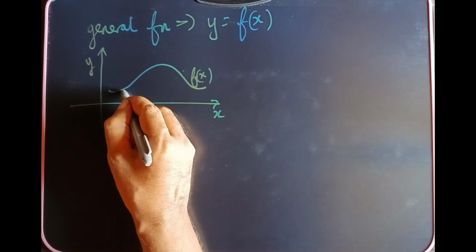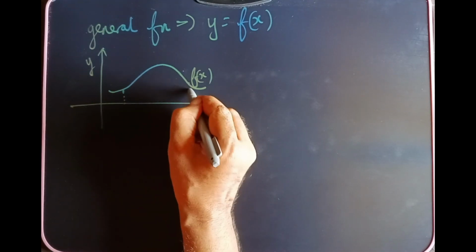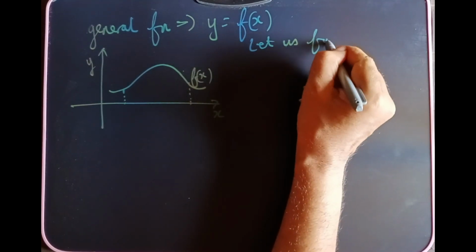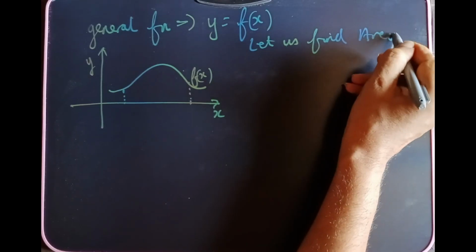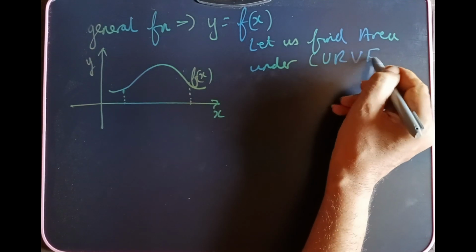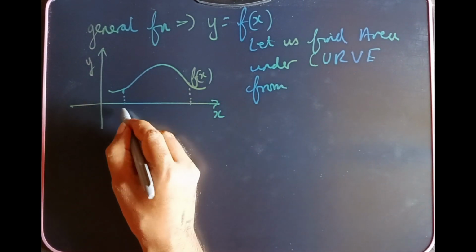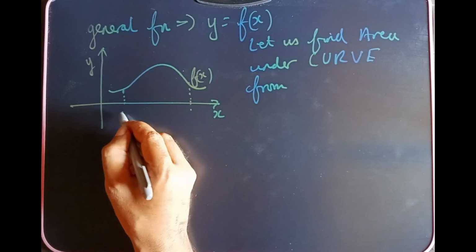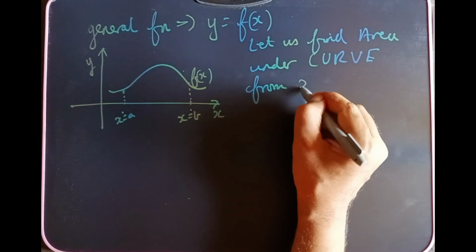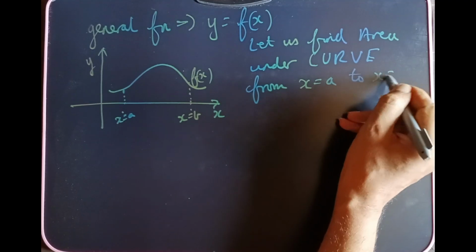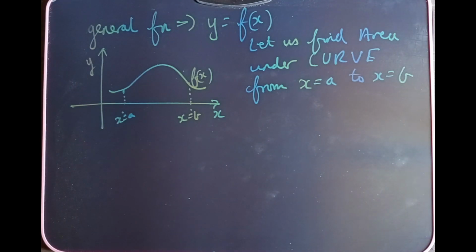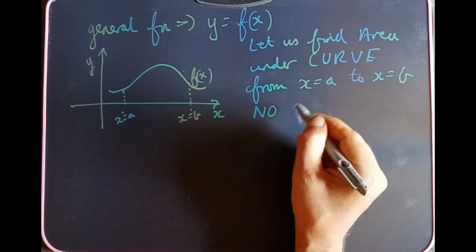Let us find the area under the curve or graph from this point to this point. Let us say this point is x is equal to a and this point is x is equal to b. So from x is equal to a to x is equal to b, we want to find the total area. But we don't have any direct formula here.